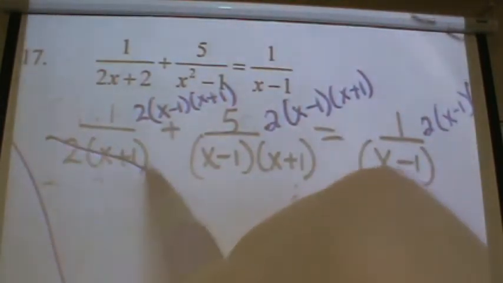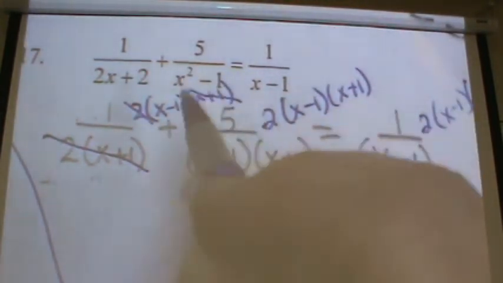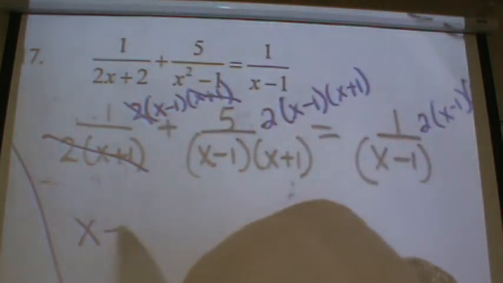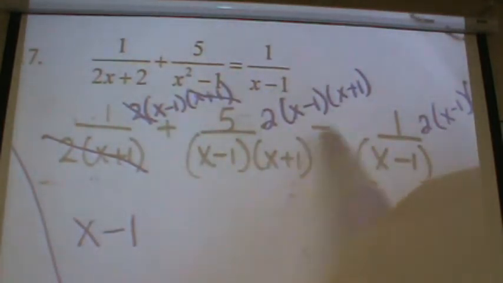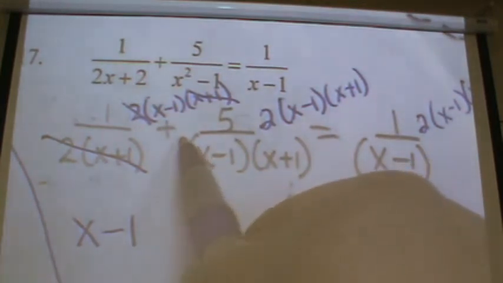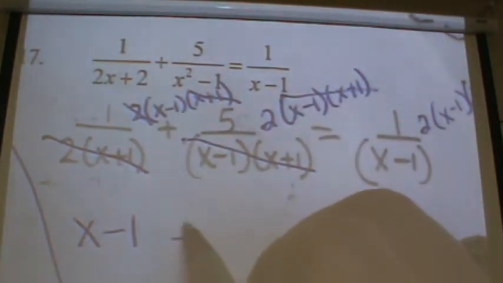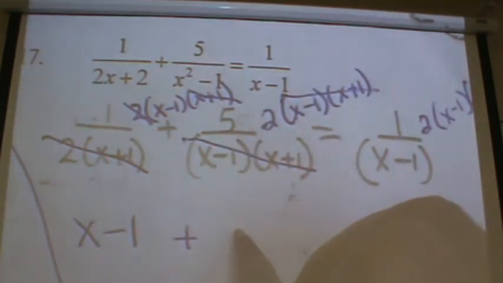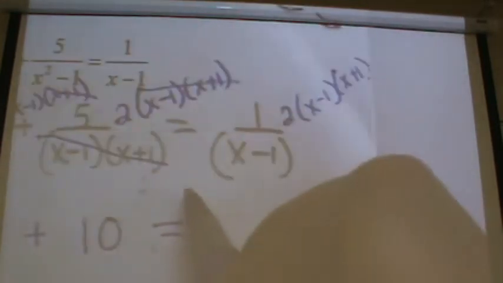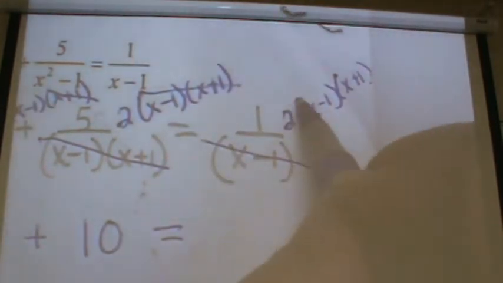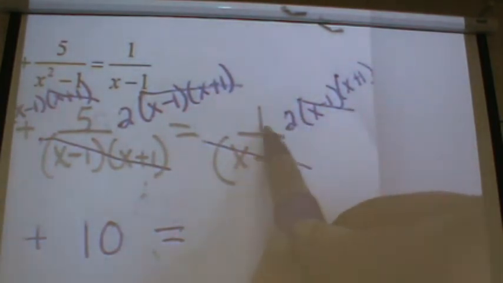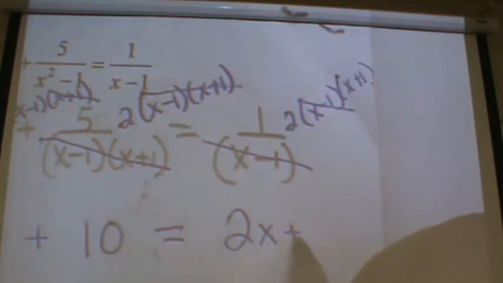2x plus 1. What's left? X minus 1. How about here, what cancels? And what do you get? What's 5 and 2? 10. What's left here? 1 times 2 is 2x, times x plus 1, which is 2x plus 2. 2x plus 2, right?